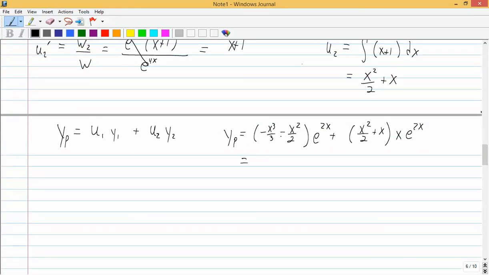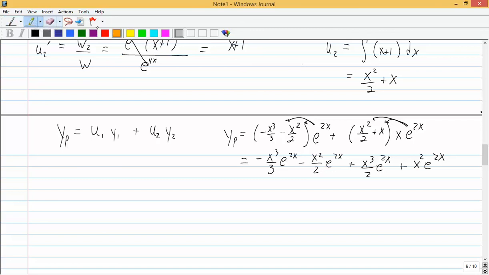Now, we do want to multiply all of this out in case there are some like terms or something like that. And when you multiply all of that out, you get negative x cubed over 3 e to the 2x, then minus x squared over 2 e to the 2x, plus x cubed over 2 e to the 2x plus x squared e to the 2x.